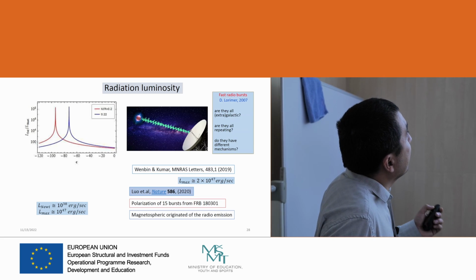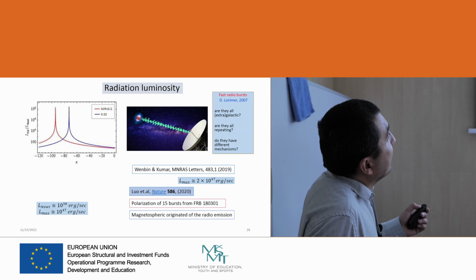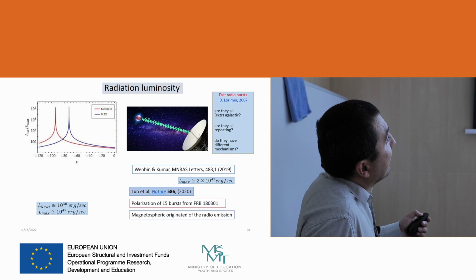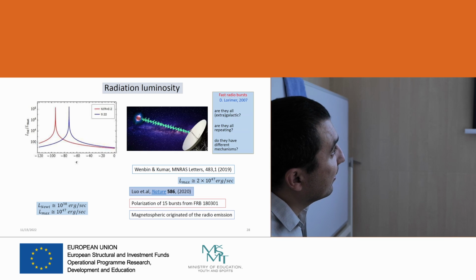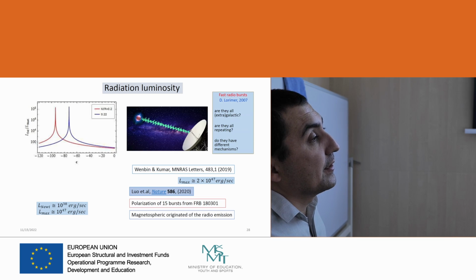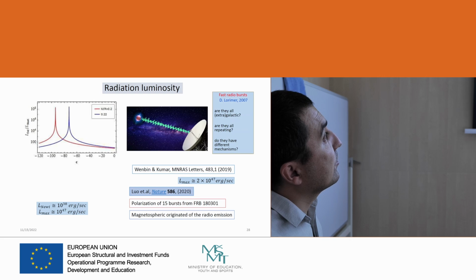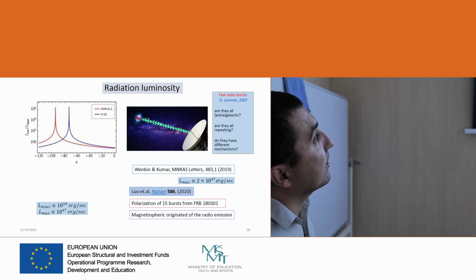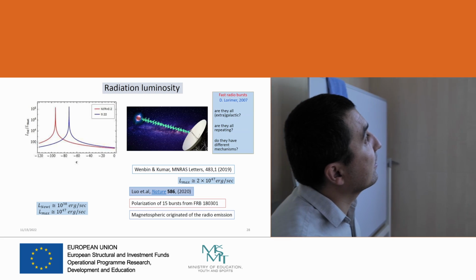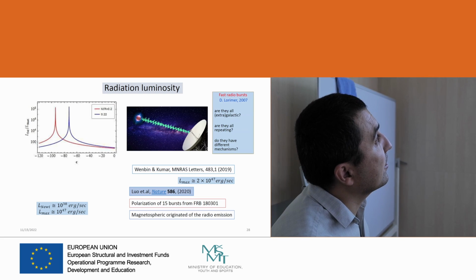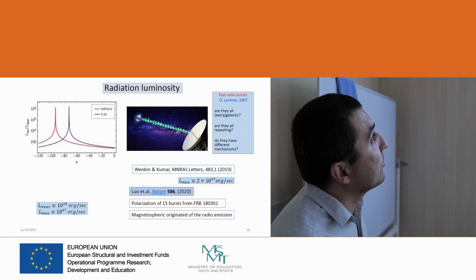The studies of the radiation luminosity in the deformed space-time using the Johannsen-Psaltis model show that there is a critical value of epsilon where the luminosity reaches its maximum.